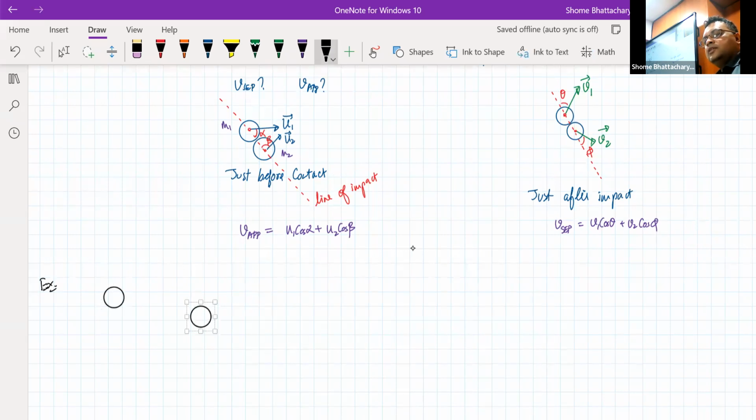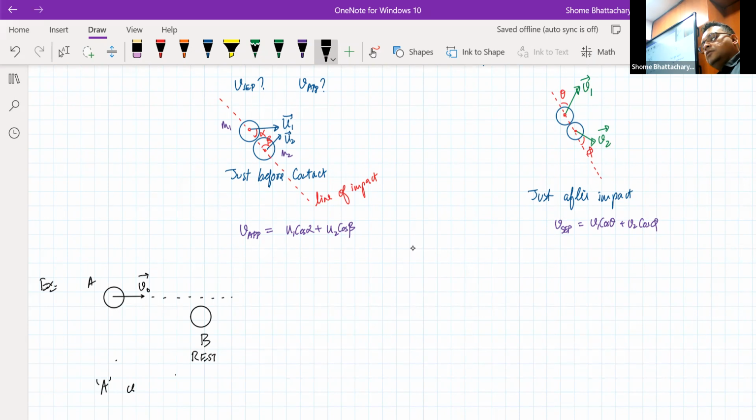So we had a question like this, where imagine you have two disks on a smooth horizontal surface which are identical, right? And one of them is moving and hits the second one, which is stationary, in an oblique manner. So this one is at rest initially.